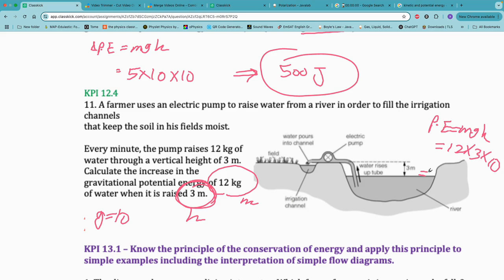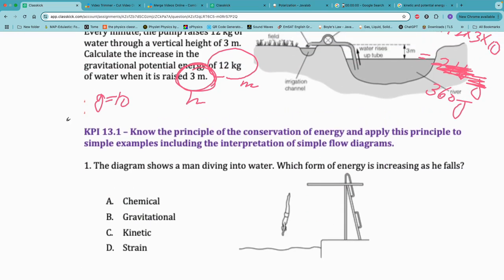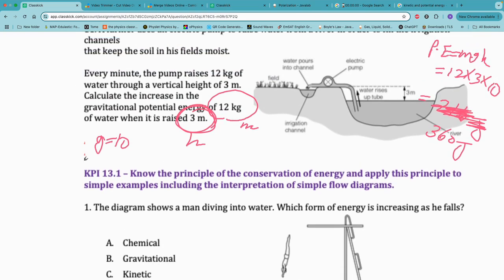It gives 360 joules. I just double checked my calculation. So this is the last question related to topic 12.